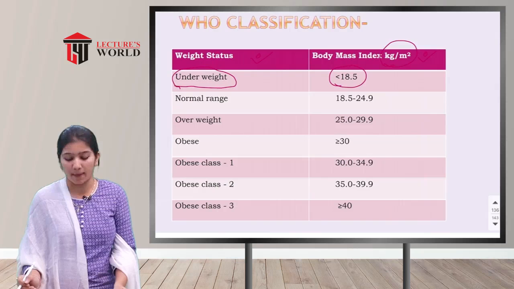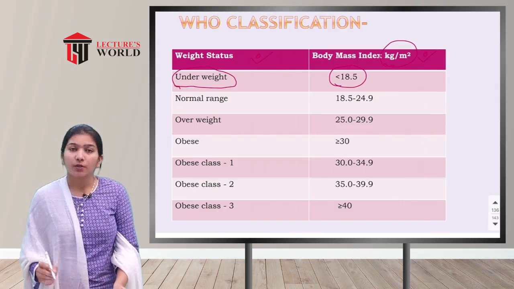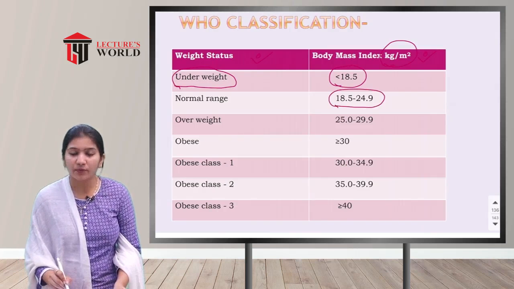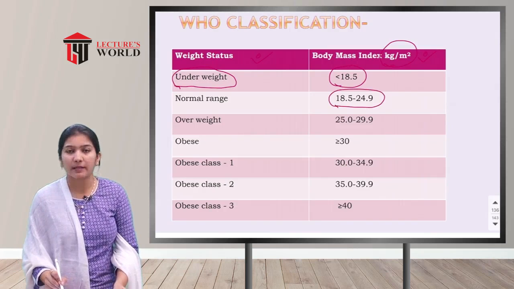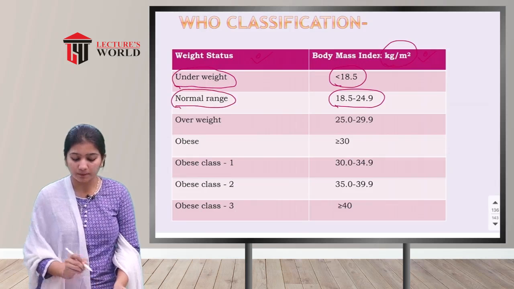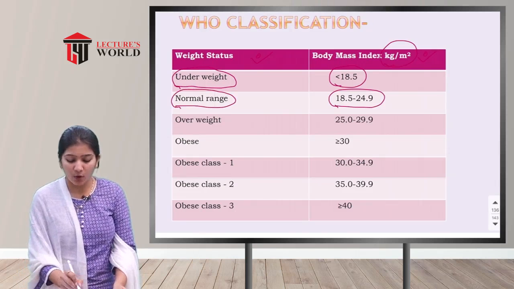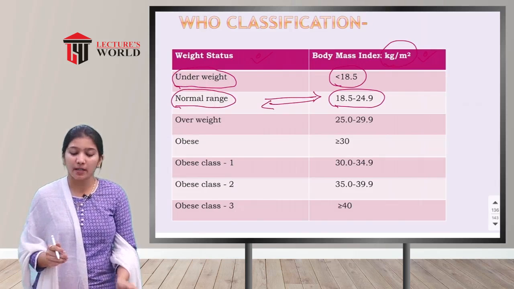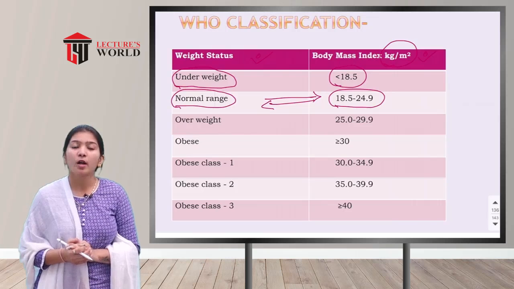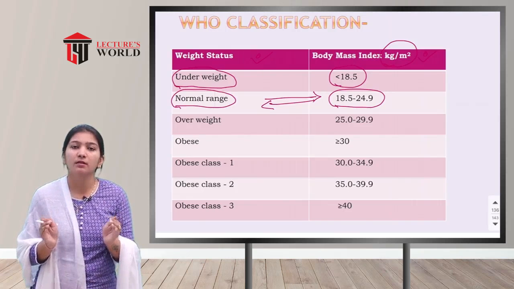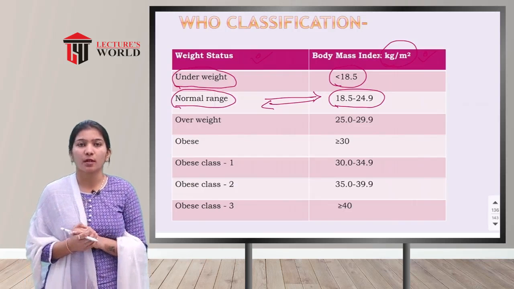If your BMI is in between 18.5 to 24.9, that is the normal range for a person. So this is the normal one. If your BMI is coming in between this, you have normal weight.